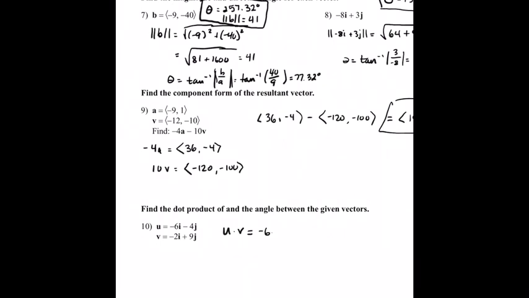So -6 times -2, and then you add that to the product of the vertical components, -4 times 9. So this is 12 plus -36, which is -24. So that's the dot product.